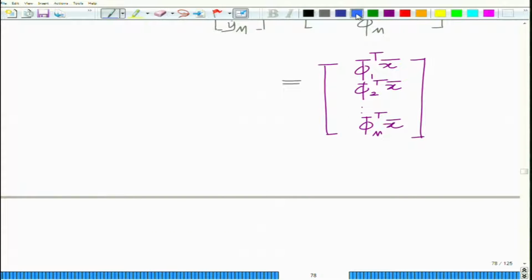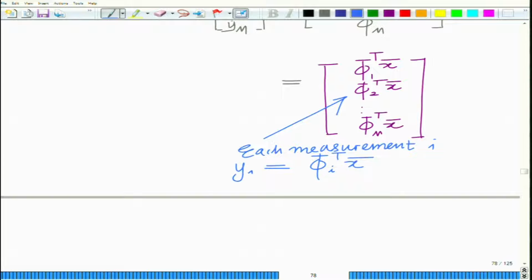Each measurement yi, which is phi i bar transpose x bar, is the projection of x bar on the random noise like waveform phi i bar.